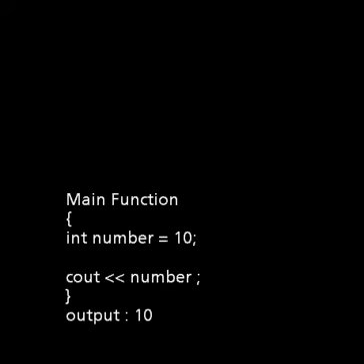So putting all things together, let's create a small program and see how the entire C++ program structure looks. First you write include, and then you include a header file.